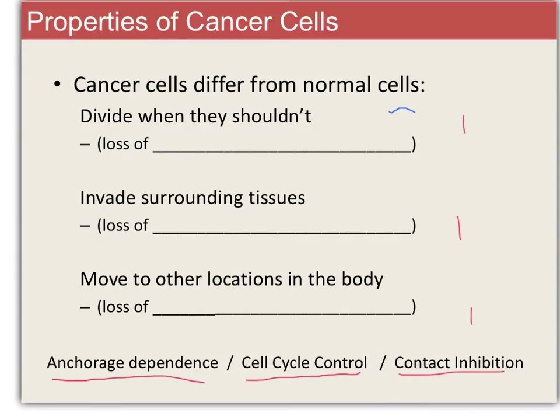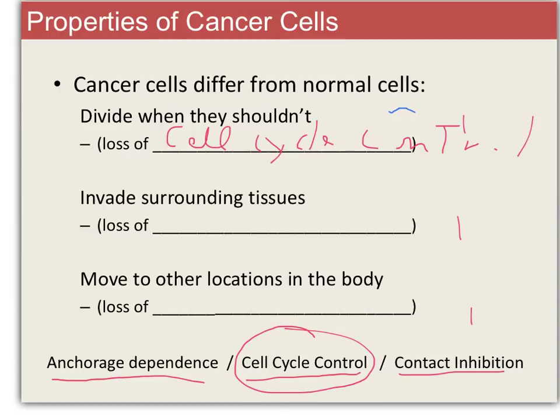So, cancer cells differ from normal cells. They divide when they shouldn't because of loss of which one? If you said cell cycle control, you were correct. Invade surrounding tissues, that's loss of which one?